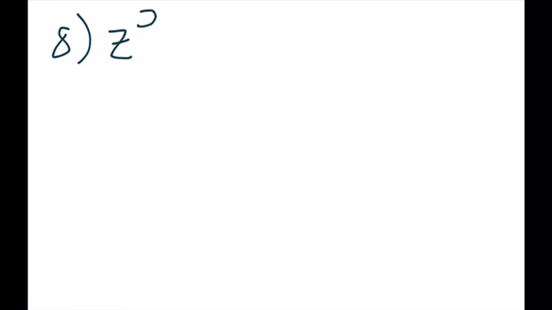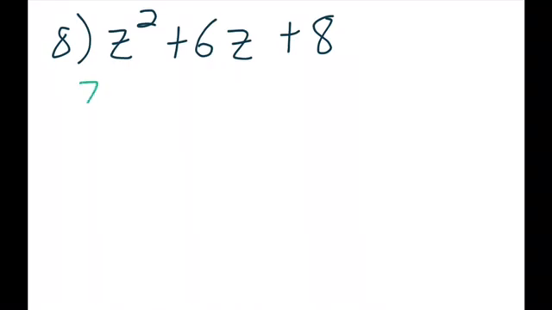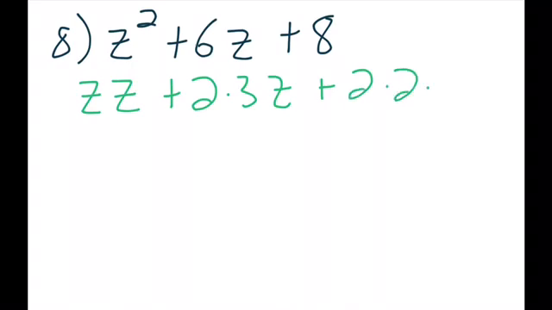Number 8 is z squared plus 6z plus 8. The first thing I need to decide is, is there a GCF? Well, I have z times z plus 2 times 3z plus 2 times 2 times 2.